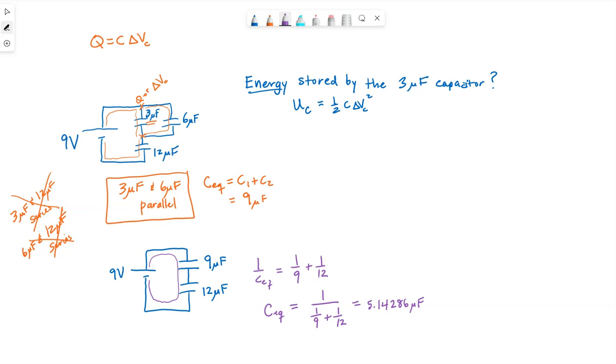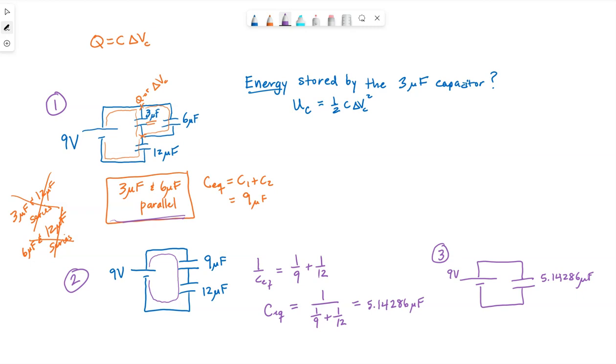So what this is telling me, circuit 1 was the original circuit drawn. 2 is what that first one becomes when we combine the 3 and the 6 in parallel. So now we're going to have a circuit 3 that represents one single capacitor that has a capacitance of this 5.14 and everything else.